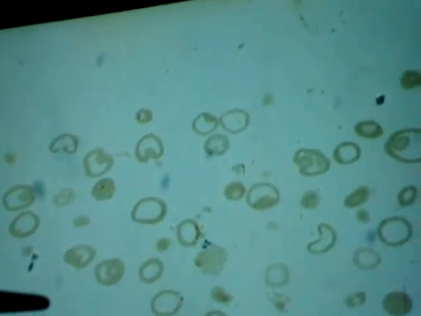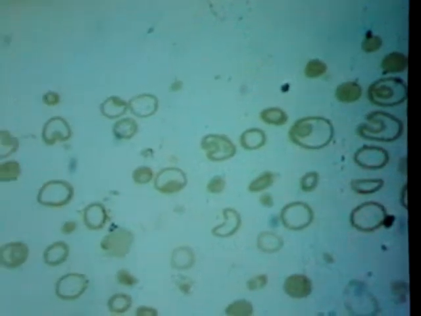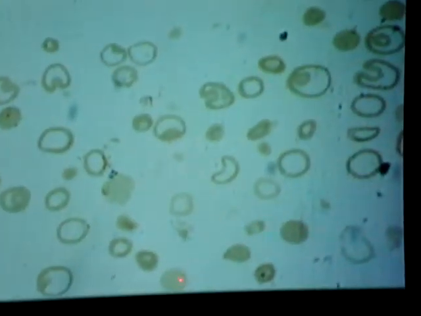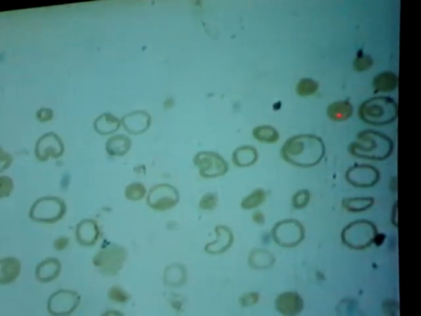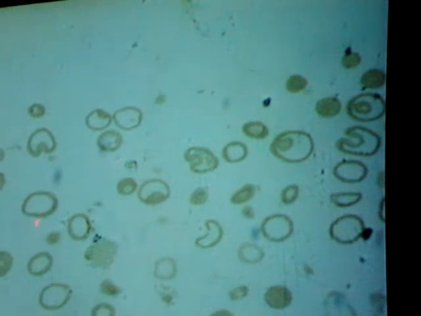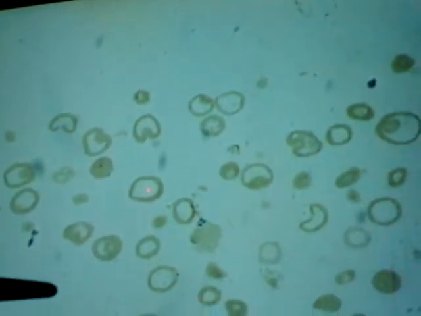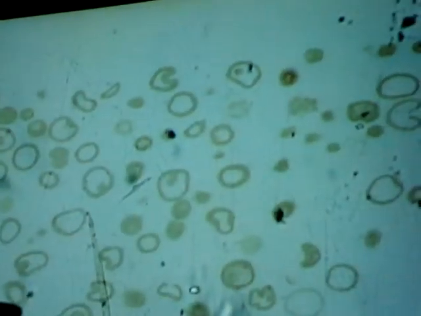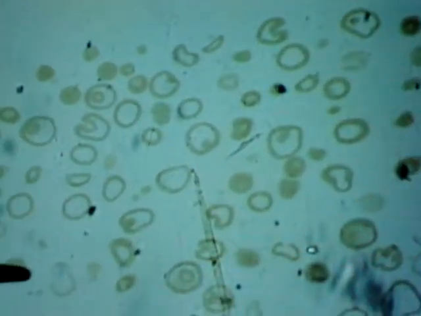We have an unfertilized egg. We have a fertilized egg. We have a fertilized egg and a blastocyst or blastula. All right. So what we're going to look at is the gastrula.